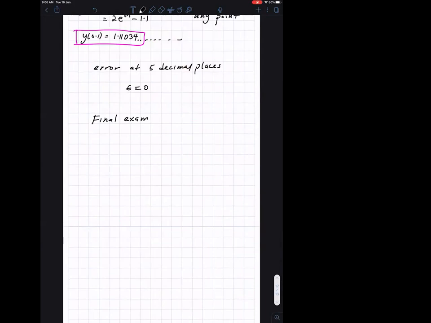Okay, I'm giving you an early hint for the final exam: Taylor series, Taylor series approximation. Runge-Kutta. Power method.